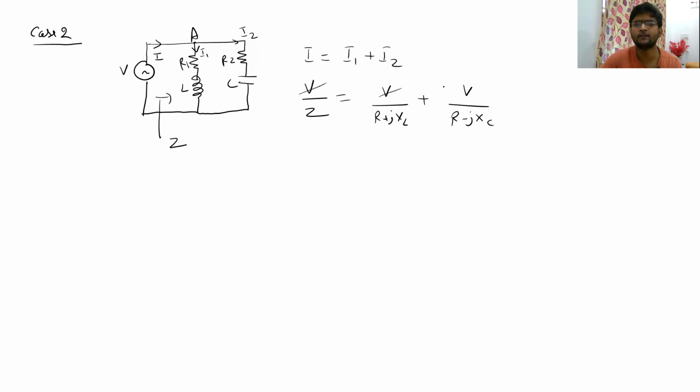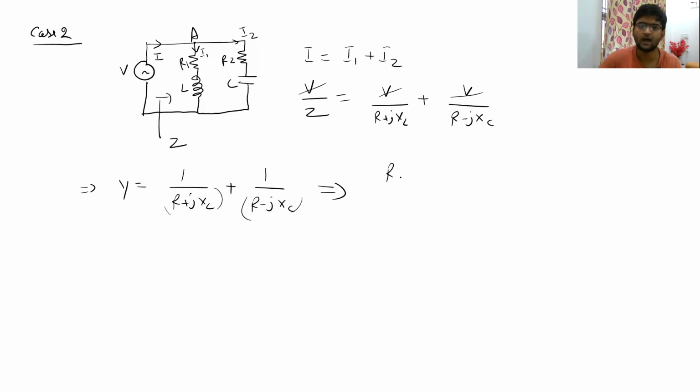So the V can be cancelled out from all the places. 1 by Z I am calling it as Y. So we can write this same equation as Y is equal to 1 upon R plus JXL plus 1 upon R minus JXC. Now, to make this thing look easier to solve, let us multiply the complex conjugate of these denominator values in the numerator and denominator as well.